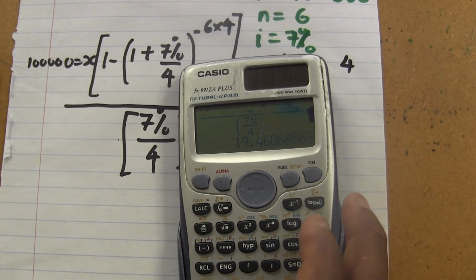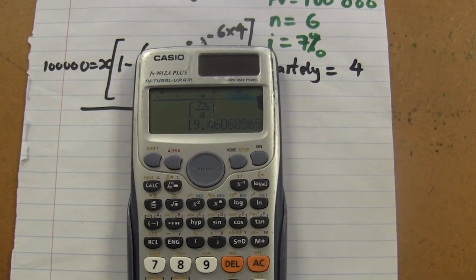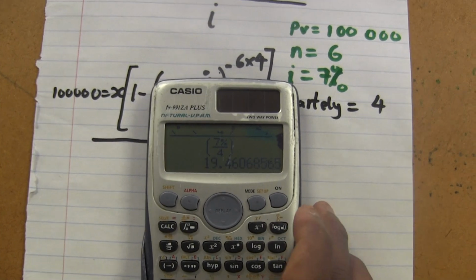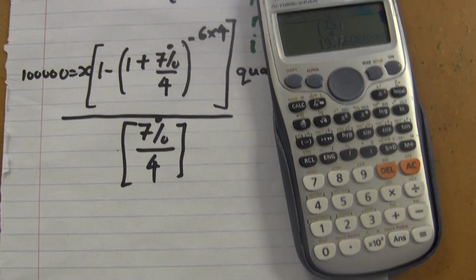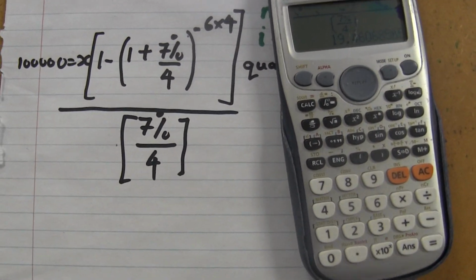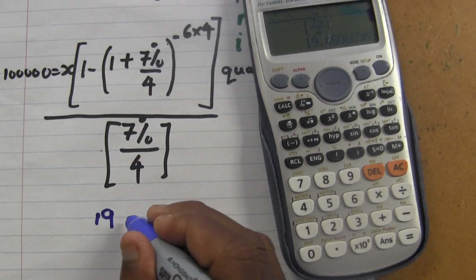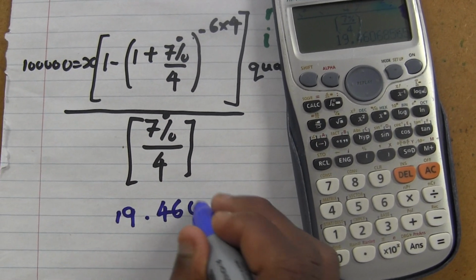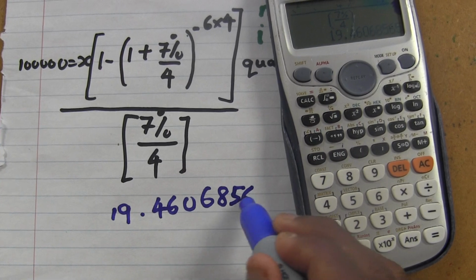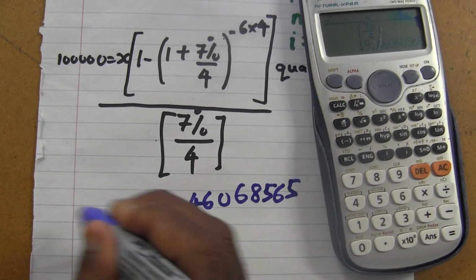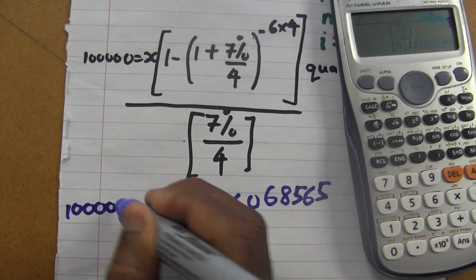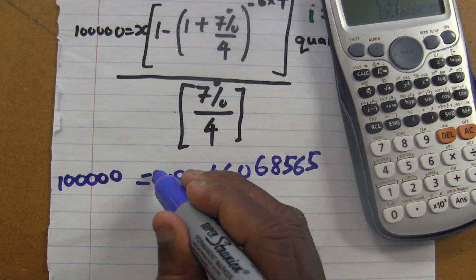All this on the right-hand side is going to give you 19.46068565. And this side is 100,000, but you have your x, meaning times x.